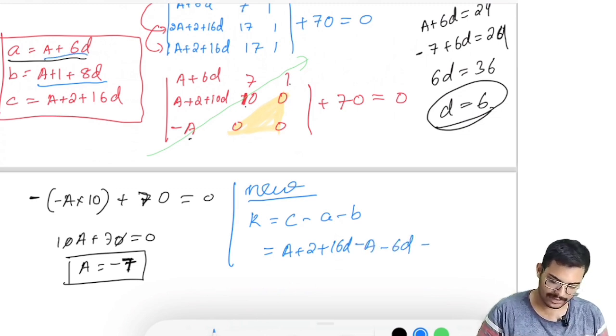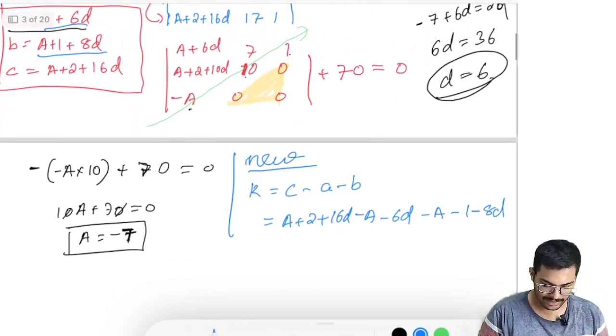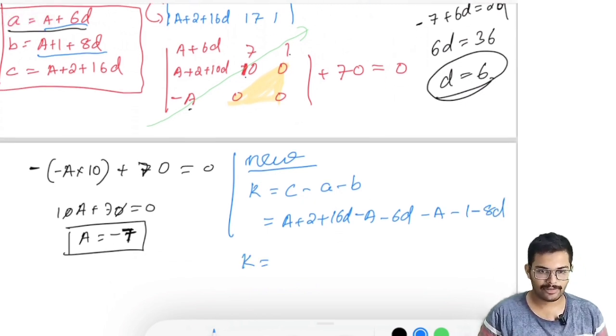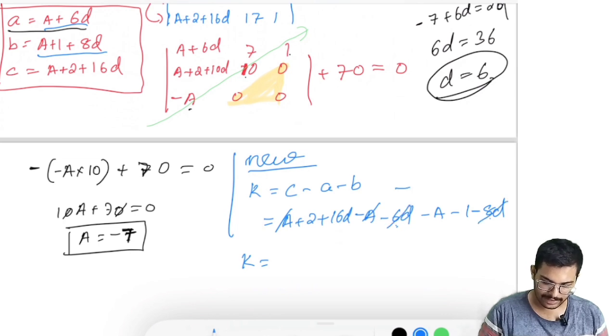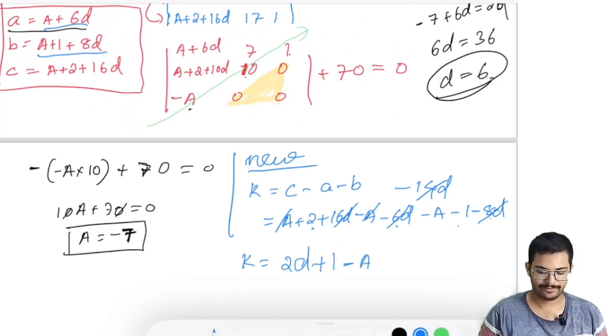When you subtract B, it is minus A minus 1 minus 8D, which means K value, the first term of the new AP formed, equal to minus A plus A, then minus 6D minus 8D, it will be minus 14D, minus 14D and 16D, it will be plus 2D, 2 minus 1 is 1, and there is one minus A. Just solve all the values.